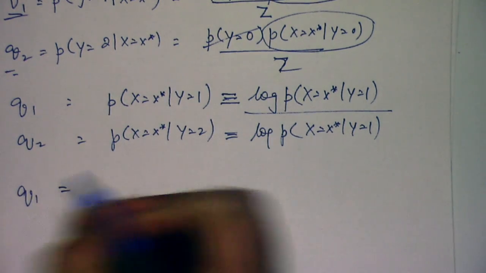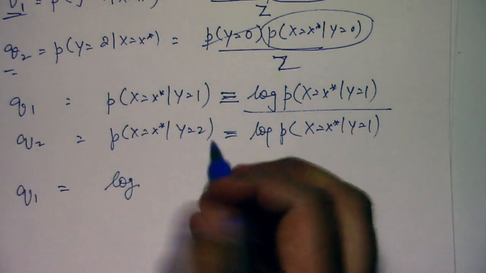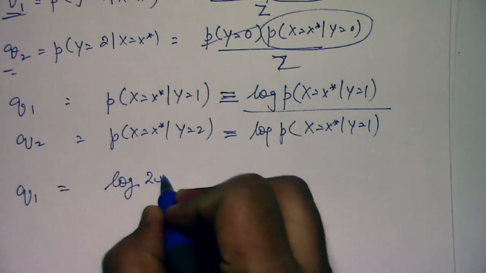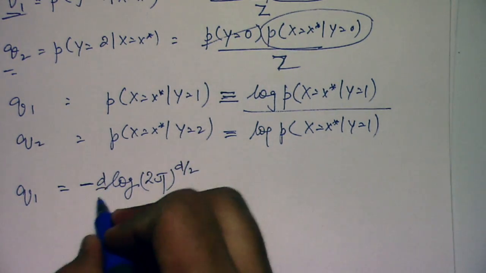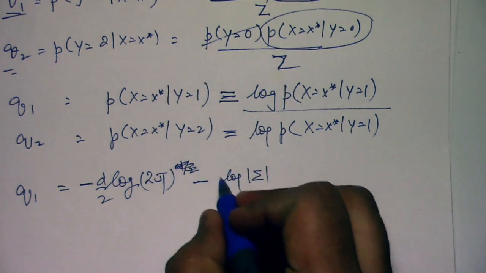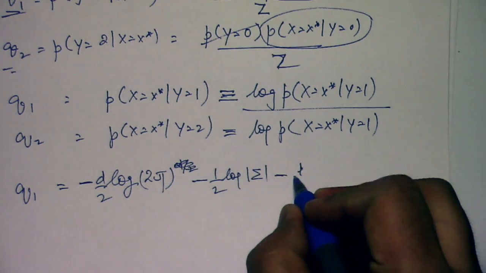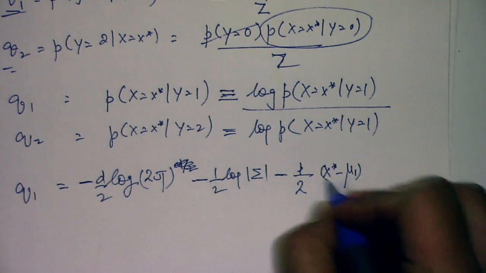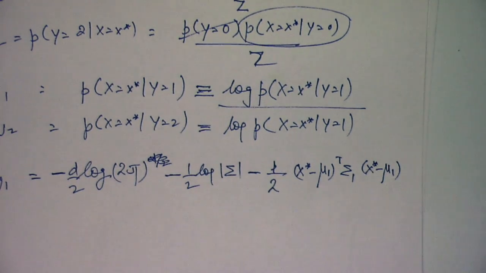So Q1 is going to be log, so when I expand it, if you remember the expression for the PDF, it's going to be log 2 pi to the minus d by 2, minus log of the determinant of sigma 1 half, minus 1 by 2 (x star minus mu 1) transpose sigma 1 inverse (x star minus mu 1), right?